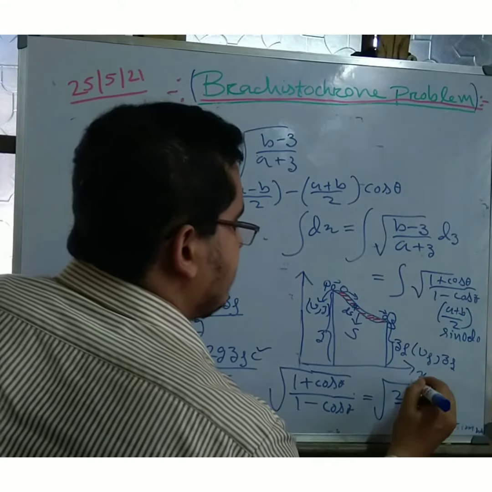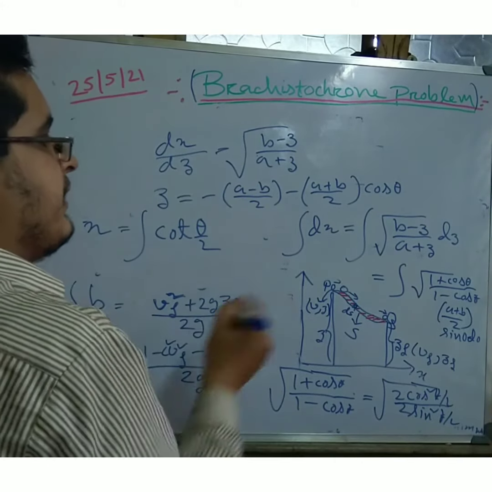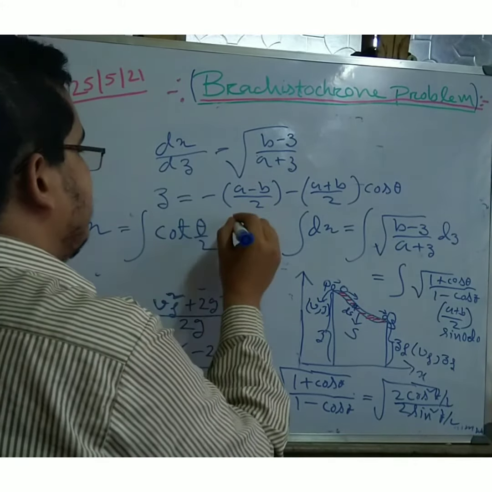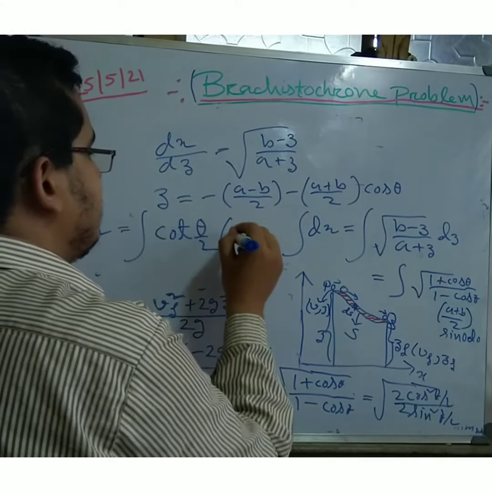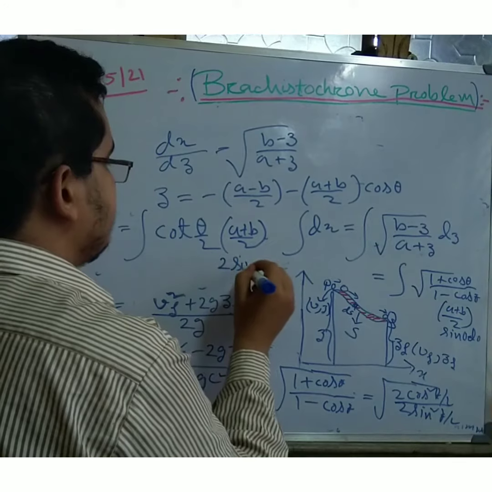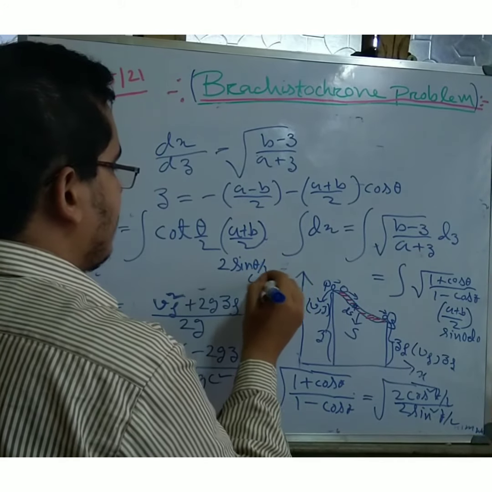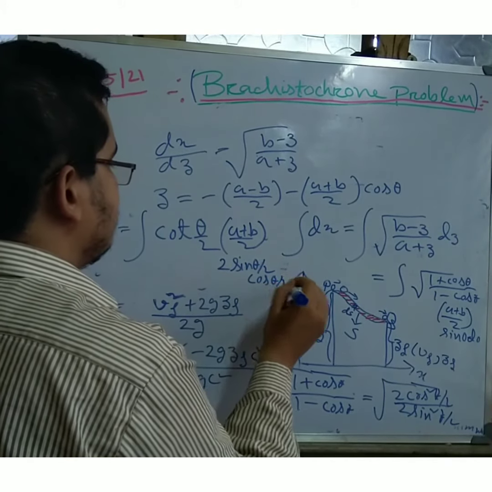So friends, it will become cot theta by 2. And another factor is a plus b divided by 2, and sin theta means 2 sin theta by 2 cos theta by 2.